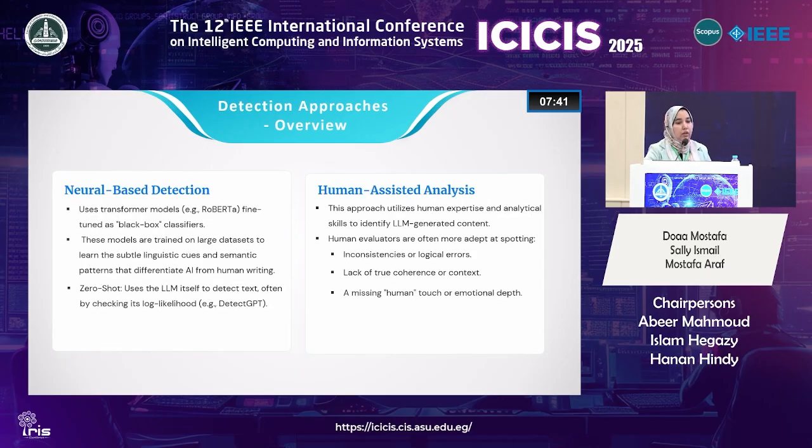Neural-based detection uses a transformer model to classify text as AI or human. Human-assisted analysis works by augmenting human expertise and analytical skills to analyze the text, analyze logical errors, and spot missing human touch or emotional depth.